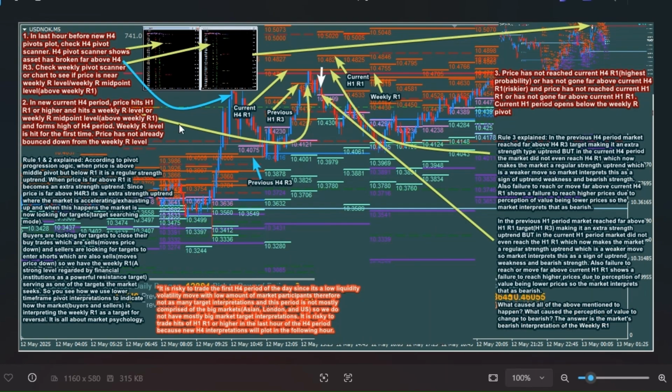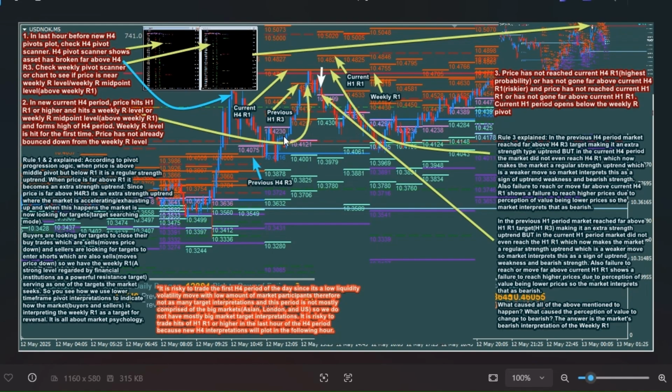Okay? You see the arrow pointing to price moving up here in the current H4 period. Okay? So this is the previous H4 period, and this is the new current H4 period, okay?